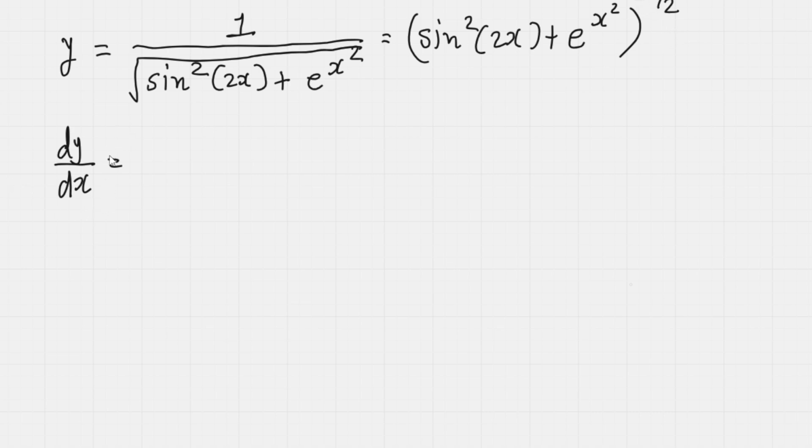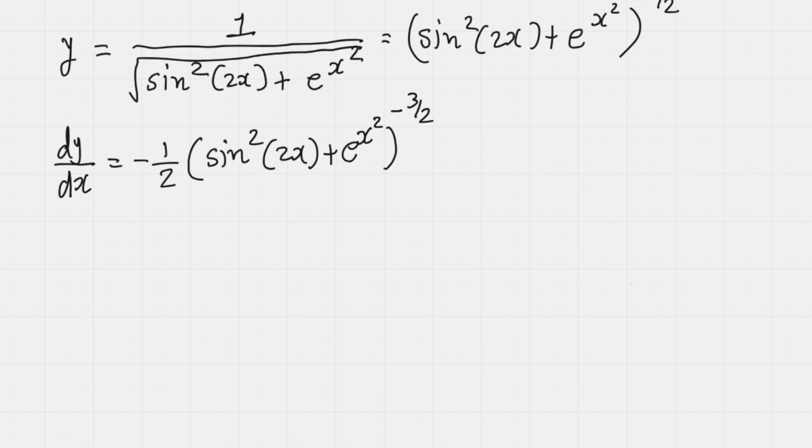Now let us find dy/dx. So using the exponent rule, or power rule, it would be minus 1/2 (sin² 2x + e^(x²)) whole raised to minus 1/2 minus 1, which would be minus 3/2.